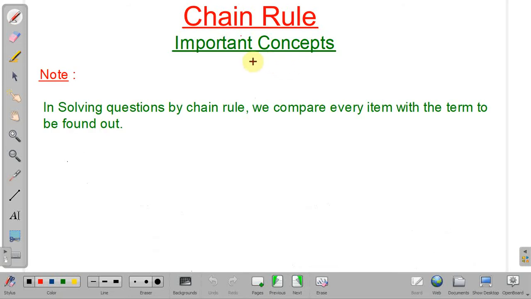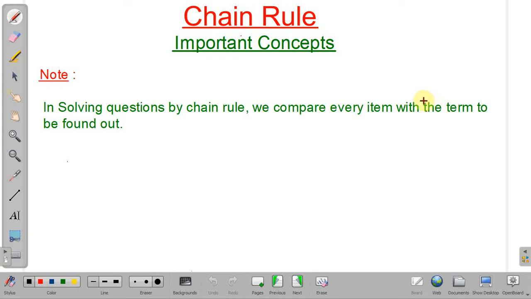Next, remember this: while solving the problems of chain rule, we have to compare every item with the term to be found out. We have to first find the relation, how it is in relation with the item to be found out, that is, whether it is directly proportional or inversely proportional.